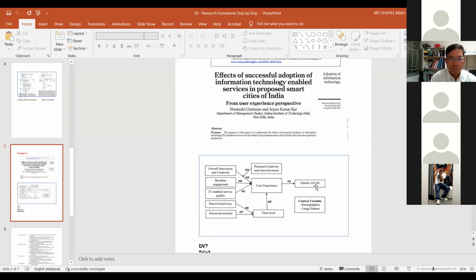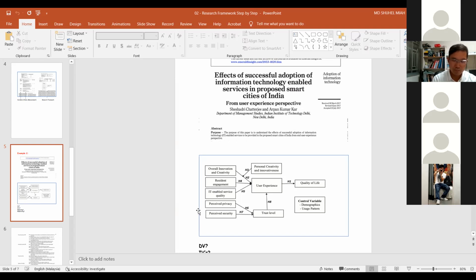You see, the quality of life here is your dependent, whereby your user experience is mediating. And overall innovation and creativity, resident engagement, IT-enabled services quality are all your independent. So in order to increase the quality of life, the independent factors are overall innovation and creativity, resident engagement, and IT-enabled services.